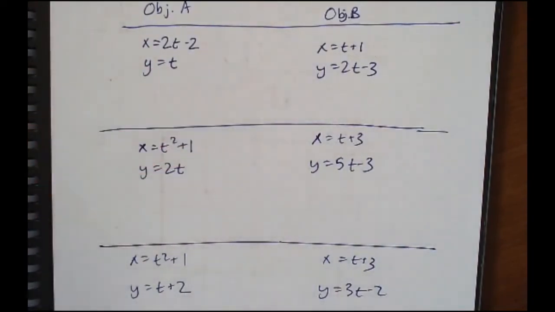And if they do, tell me when they collide and where they collide. Give me the time and the xy coordinate where it happens. So take a minute to pause the video and work these out, because I'm about to throw up the answers, and then come back and hit play again.